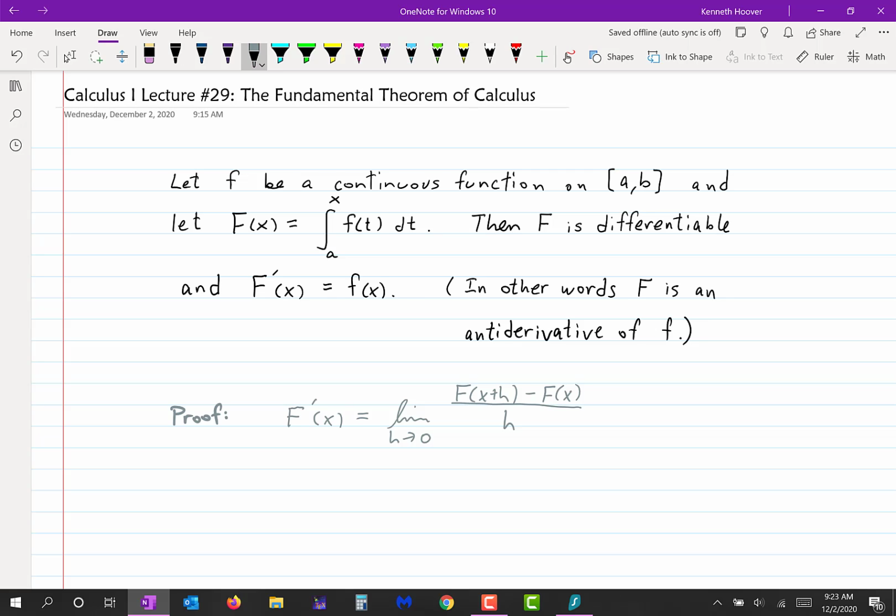All right, so what would that look like? Remember, here's what capital F looks like right there.